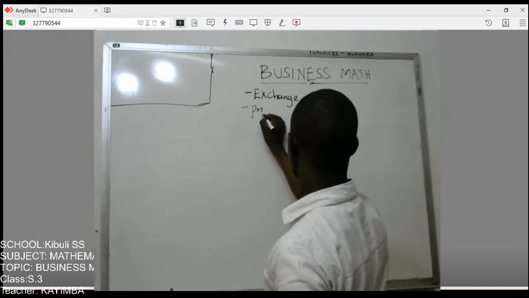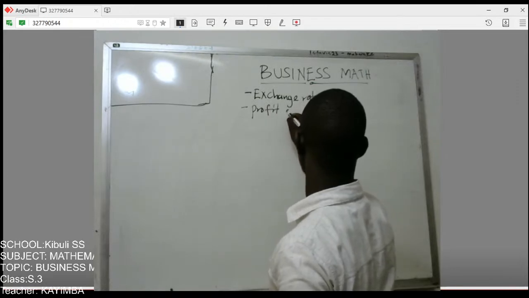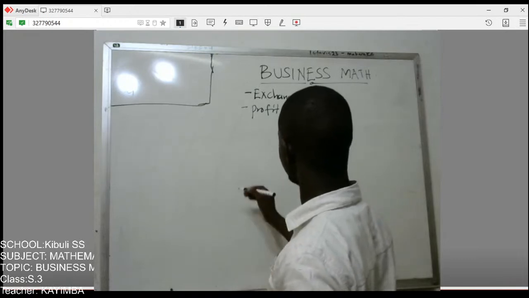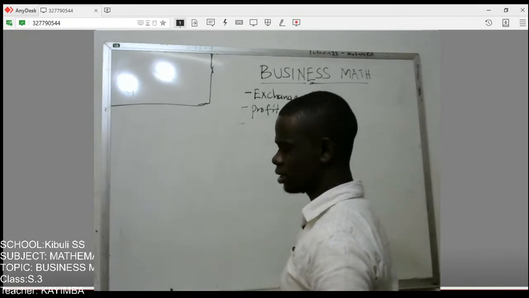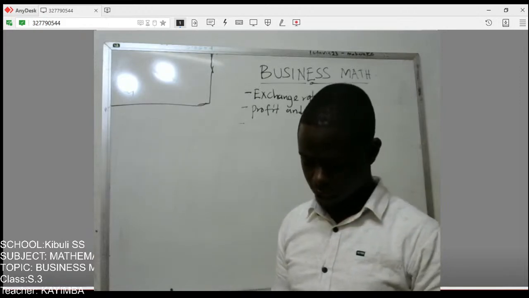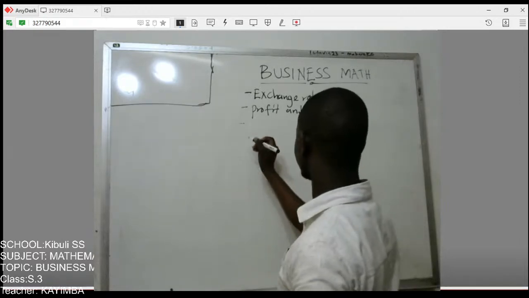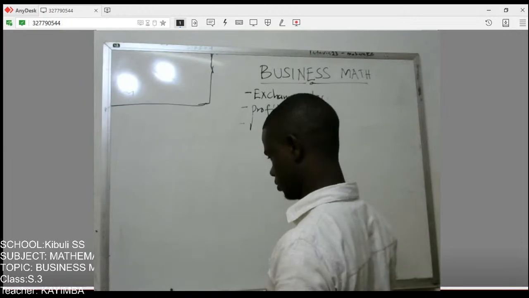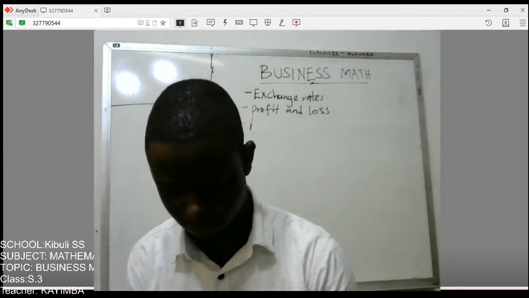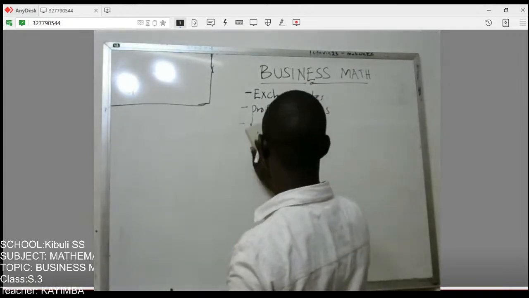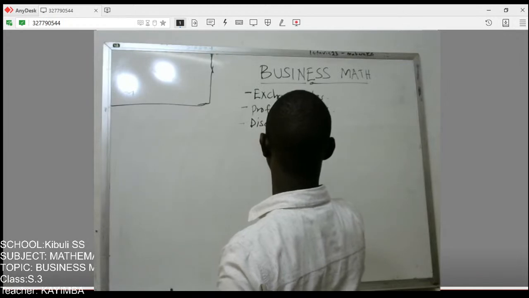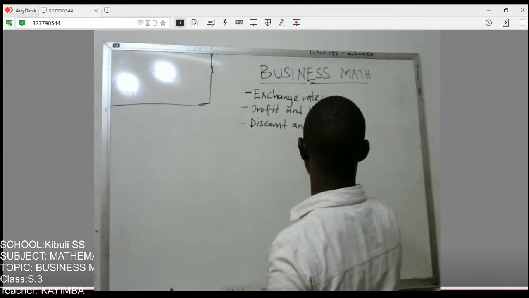We'll talk of profits and losses. It's also part of business mathematics. The other things you can talk of are discount and commission.